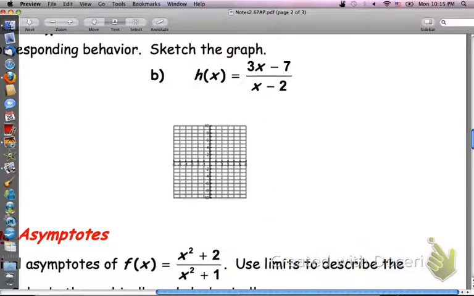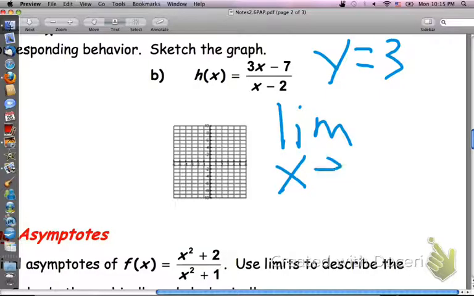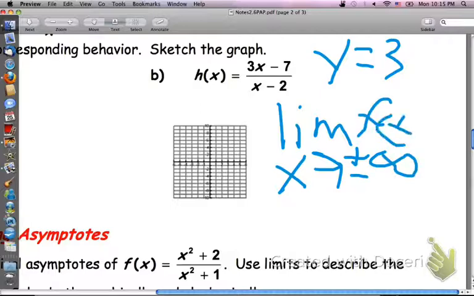Okay, so let's clear that. Now let's study end behavior. Remember, end behavior is going to be the same thing as our horizontal asymptote. So the limit as x approaches both positive infinity and negative infinity, our function tends toward 3. So that's the end behavior.